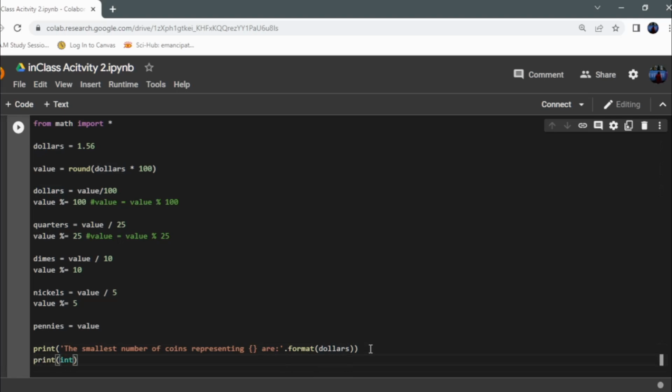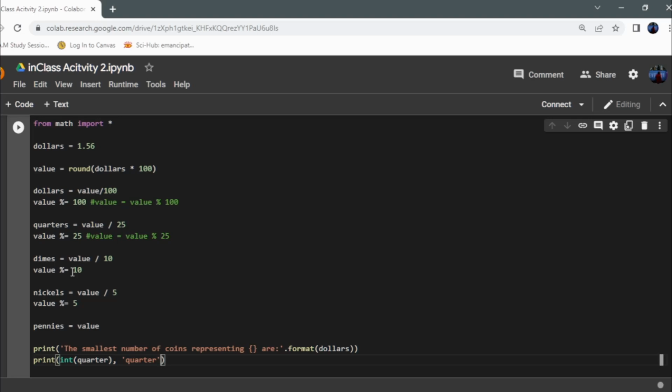Now we're gonna use int, because if we're not gonna use int, it's gonna be a float and it will upset the original question, which asks for the number of coins, not the value but the number of coins. So that's why we are using int, so that it won't have a decimal.